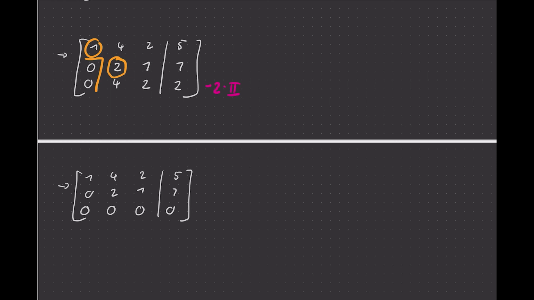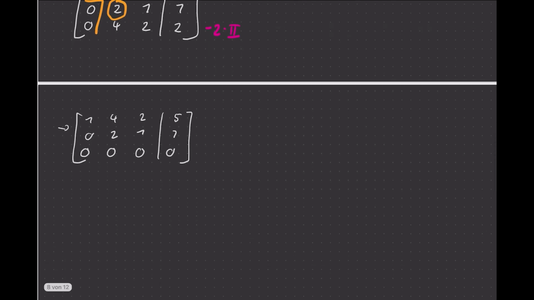So as you can see here, I have now obtained echelon form with a pivot here and a pivot here. However, there is no pivot in column 3, row 3. Remember, we can only choose pivots below the rows that already have pivots, right?